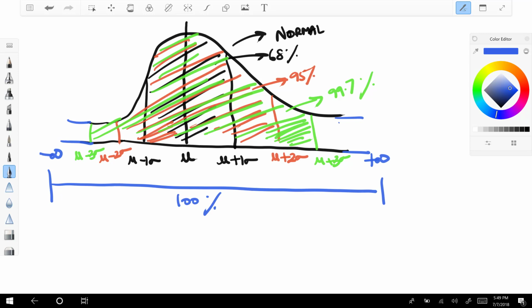So this is what a normal distribution says.